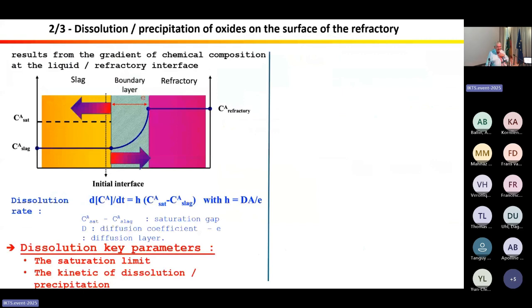The second mechanism is a mechanism of dissolution, precipitation of oxide on the surface of refractories. It results in a gradient of chemical composition at the liquid refractory interface. The dissolution rate is governed by the Nernst law, which depends on the saturation limits and the kinetics of dissolution precipitation.